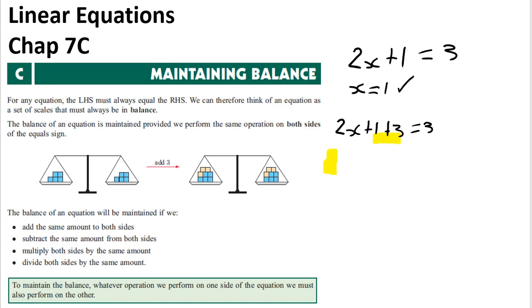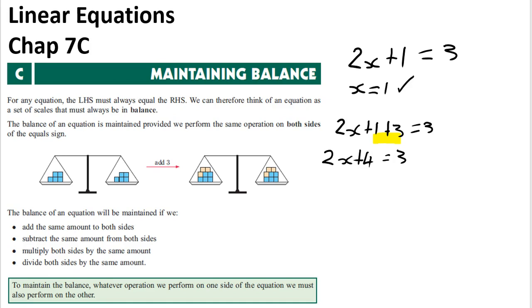So I'll have 2 lots of x plus 4 equals 3. So now we're trying to think of, well, 2 lots of something plus 4 gives me 3. So that means that the x would have to be negative, and therefore it wouldn't be 1, which I've said it is here. So it doesn't make any sense.